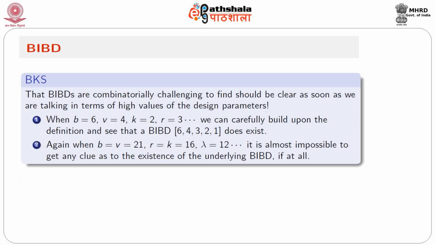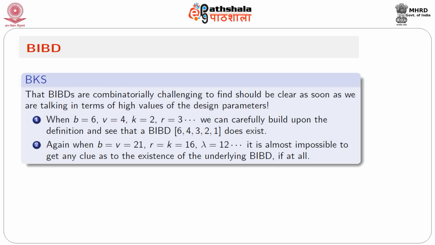That BIBDs are combinatorially challenging to find should be clear as soon as we are talking in terms of high values of the design parameters. When you take a very simple example like b equal to 6, v equal to 4, k equal to 2, r equal to 3, we can carefully build upon the definition and we can see that a BIBD with these parameters does exist. It is very trivial to construct.